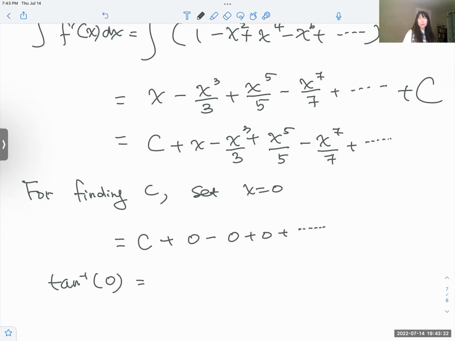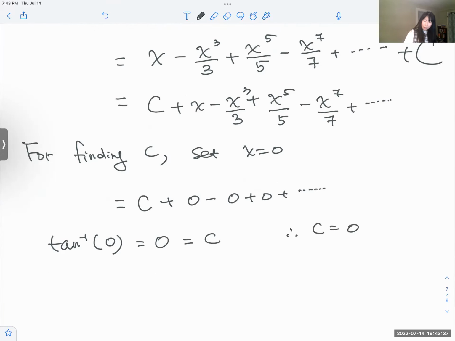We plug in 0, then we get 0, which is C. So C equals 0. Then we will have x minus x to the third power over 3 plus x to the fifth power over 5 minus x to the 7 over 7 plus, and so on, okay?